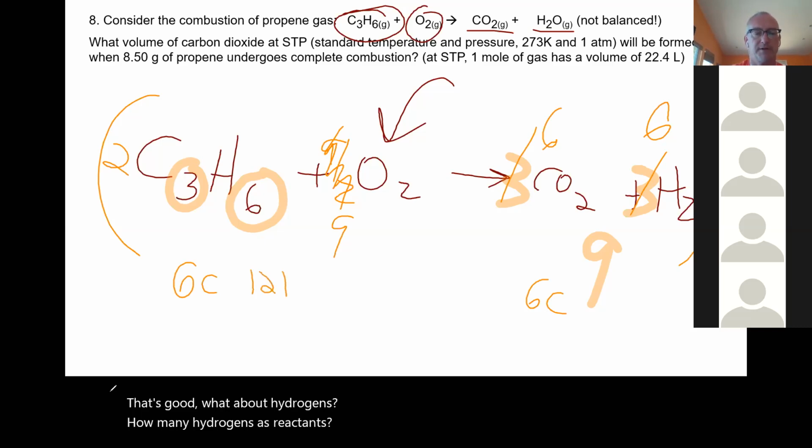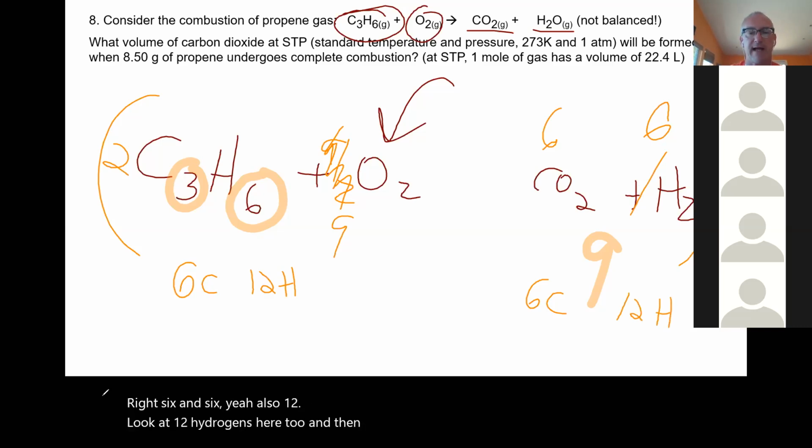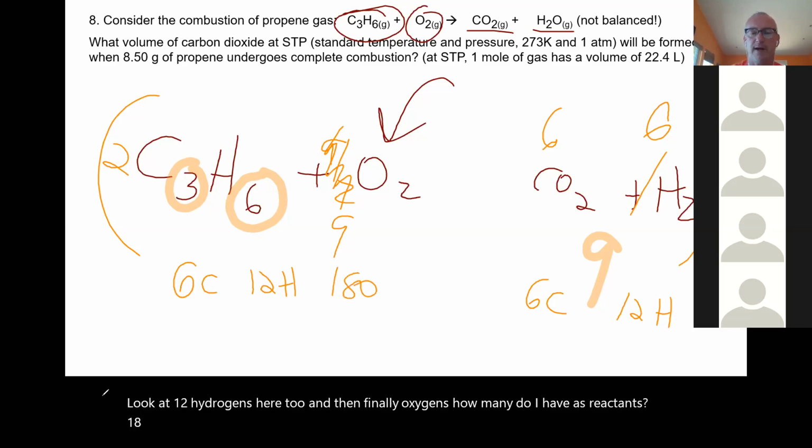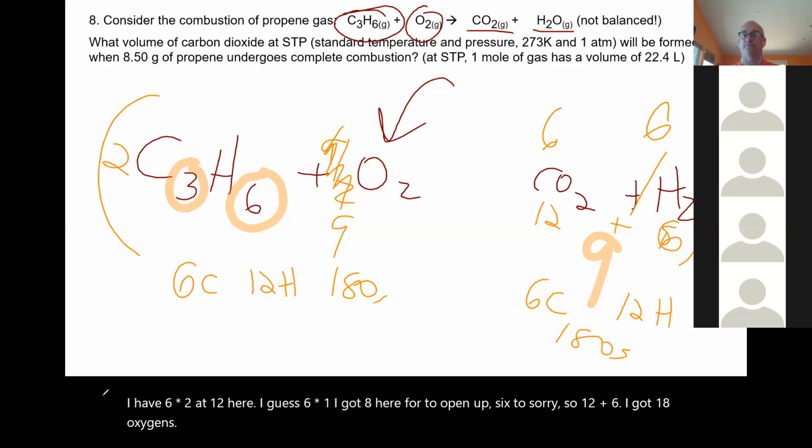What about as products? 6 and 6, so also 12. And then finally, oxygens. How many do I have as reactants? 18. And as products, I have 6 times 2, 12 here, and 6 times 1, 6 here. So 12 plus 6, I got 18 oxygens. So it balances.